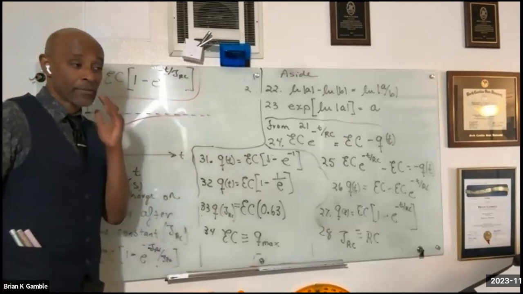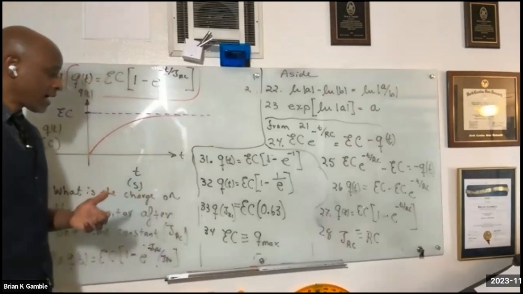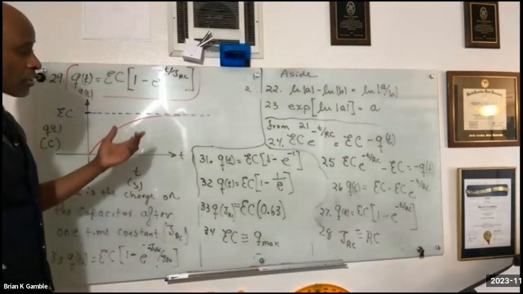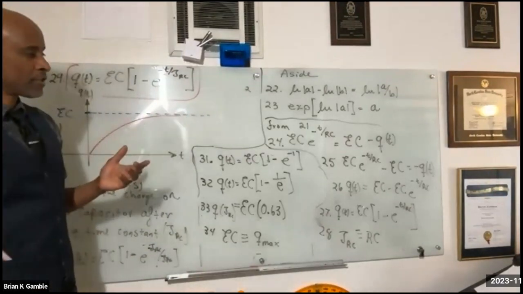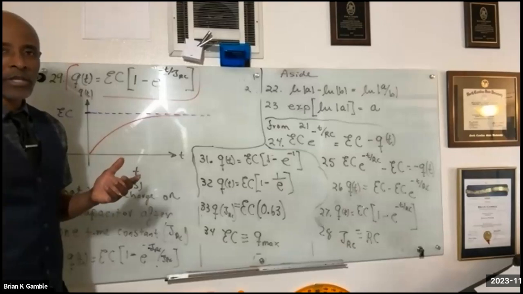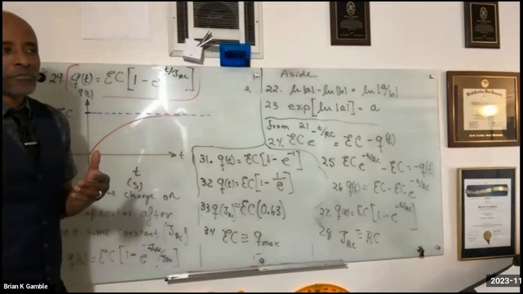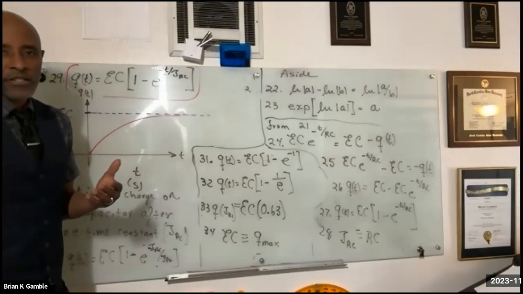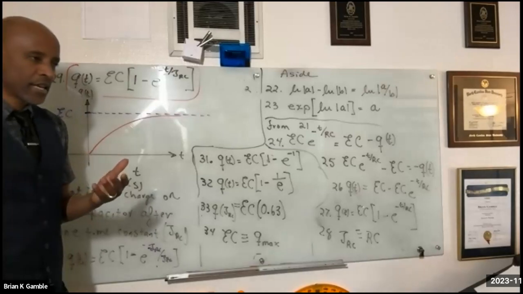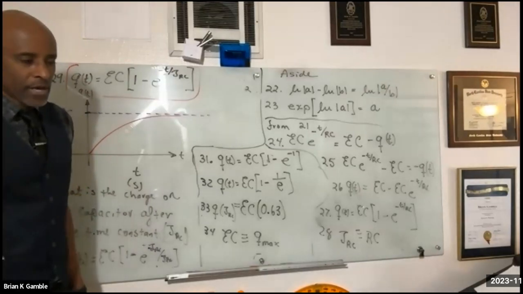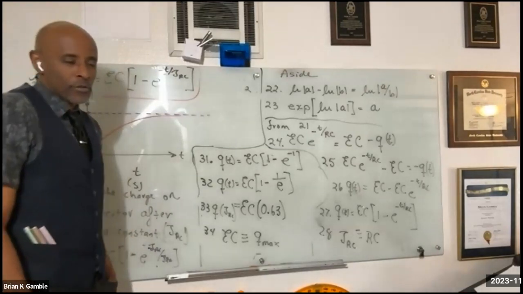So for example, if the time constant is 3 seconds, after 3 seconds the charge is at 63% of its maximum value, then you might guess after 3 or 4 time constants, that would be 9 seconds, or 12 seconds.